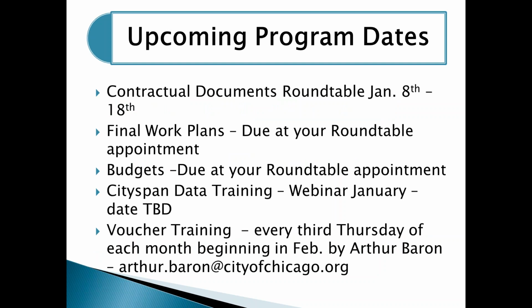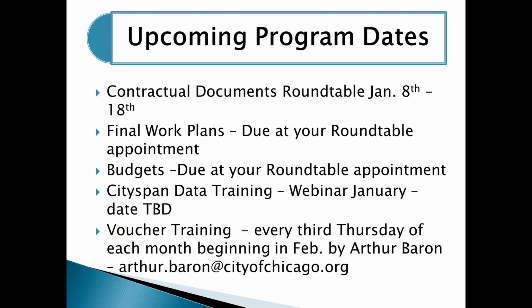So, during the next couple weeks, what's going to happen is your youth service coordinator is going to reach out to you. She or he will work with you to make sure that your budget as well as your work plan is correct. When you look at your award letter, there is a contract date.